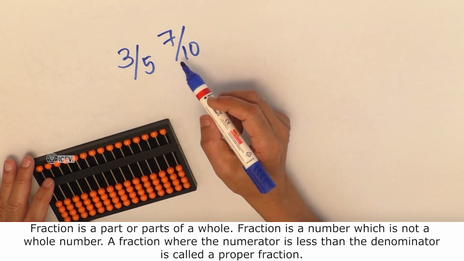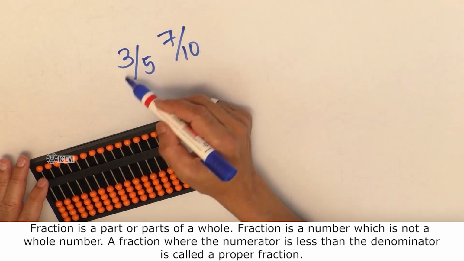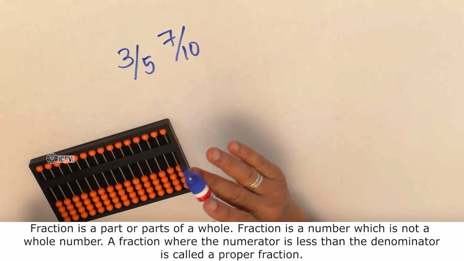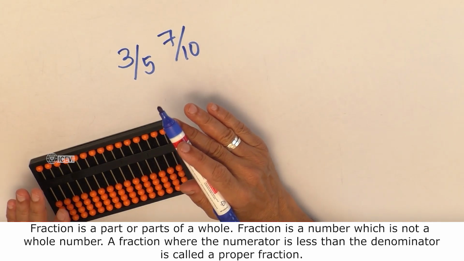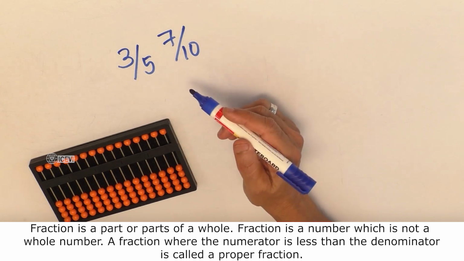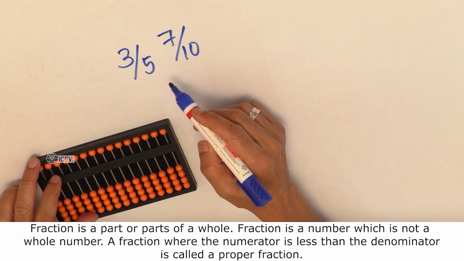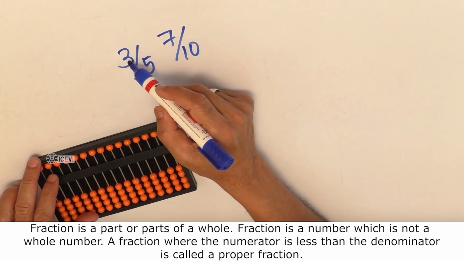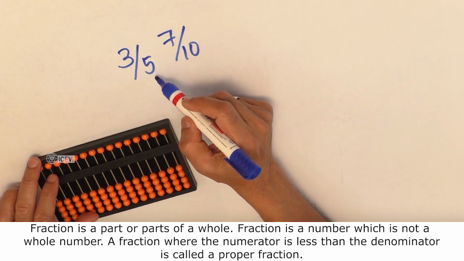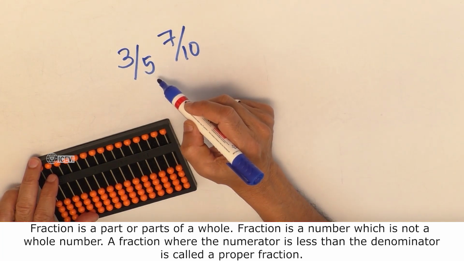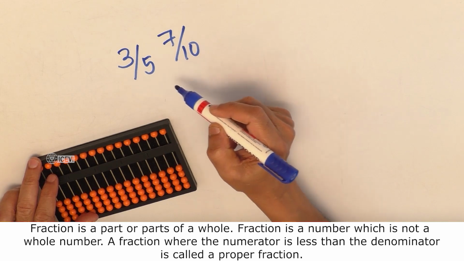Fraction is a part or parts of a whole. Fraction is a number which is not a whole number. A fraction where the numerator is less than the denominator is called a proper fraction.